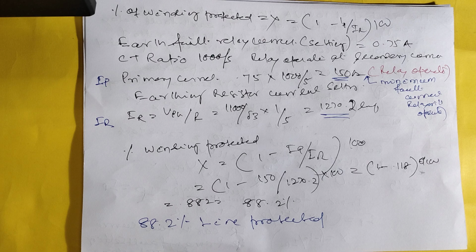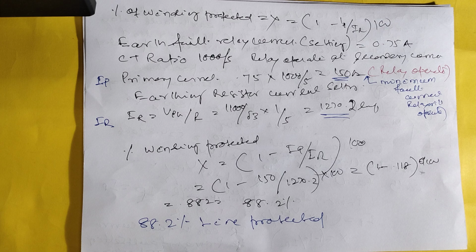IP is 150 ampere. IR is already calculated: IR is equal to phase voltage divided by resistance, that is 1270.2 ampere.